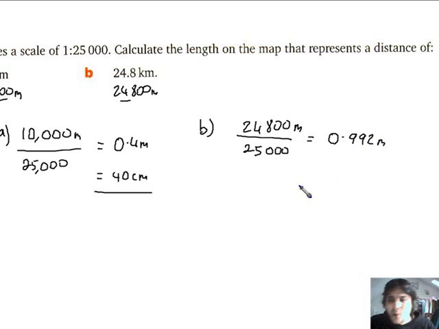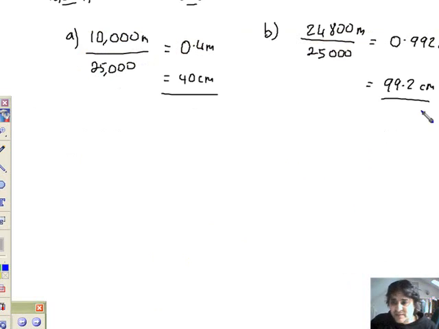So on this map, if I open it all out, I'm going to have a length of 99.2 centimeters. Actually, I don't know which is better. Both are mathematically correct: 40 centimeters for A, 99.2 centimeters for B. Now, if you open up a great big map, it could well be a meter square. So that's okay. All right, that's that.